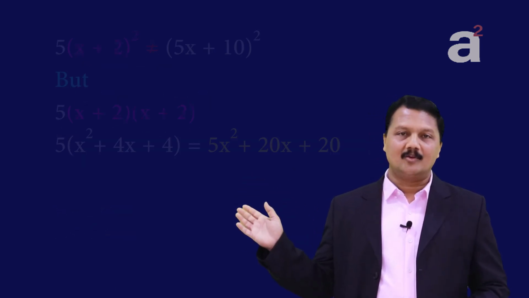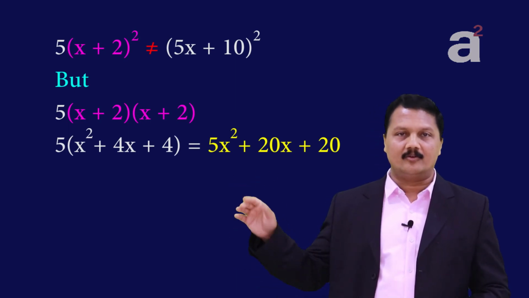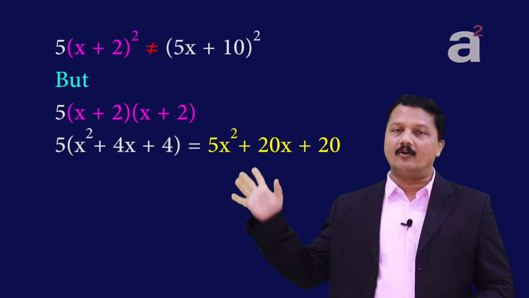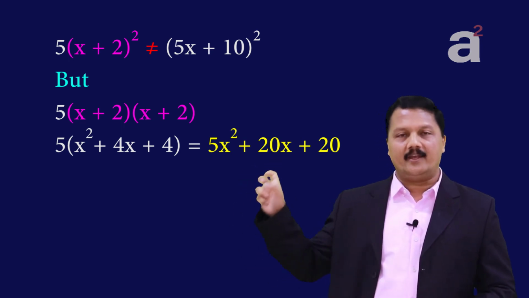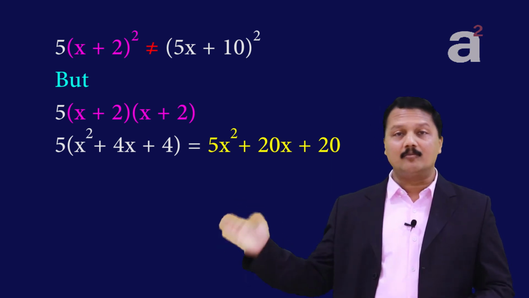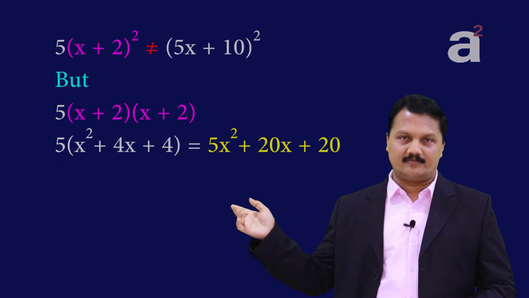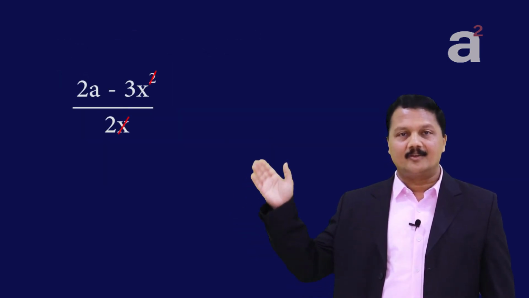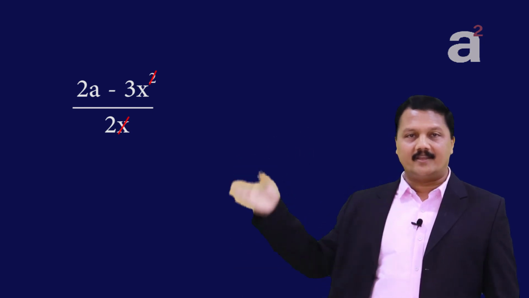See this? 5 bracket x plus 2 the whole square is equal to 5x plus 10 the whole square. That is not right. You have to expand x plus 2 the whole square, then multiply by 5. So 5, then x plus 2 times x plus 2. See, 2a minus 3x square divided by 2x. x is cancelled.